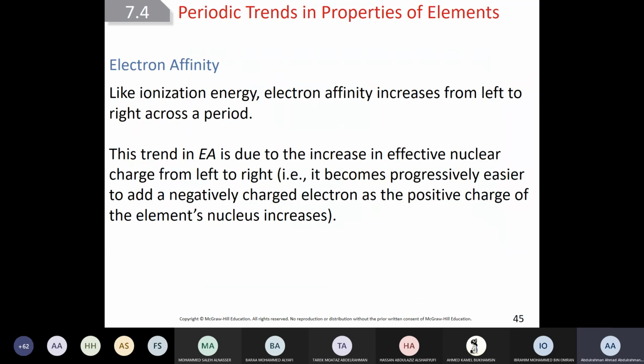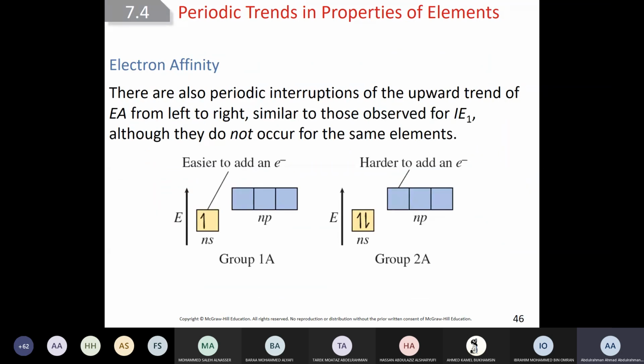I hope so. Good. Now, for the electron affinity, like ionization energy, it is easier to add an electron to the ns group. It's easier to add an electron here than here. All right. So if I have lithium and Be, which is having higher electron affinity?